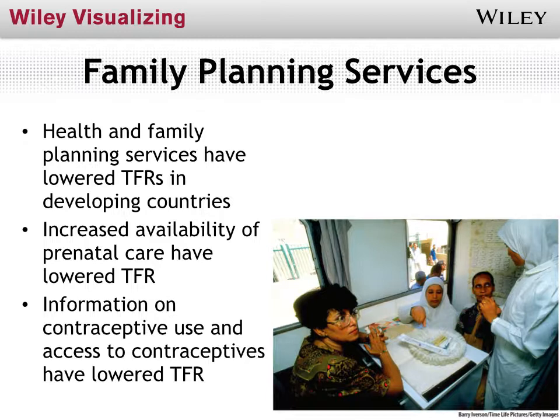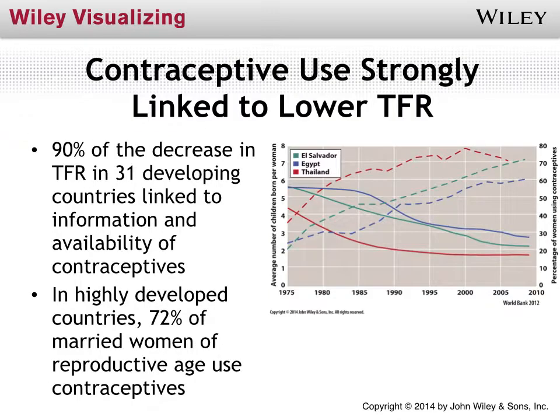Providing information on the use of contraceptives lowers the total fertility rate. But again, it may be possible to expose women to these things, but it still may not be effective because of the differing cultures and religions that are in play out there.